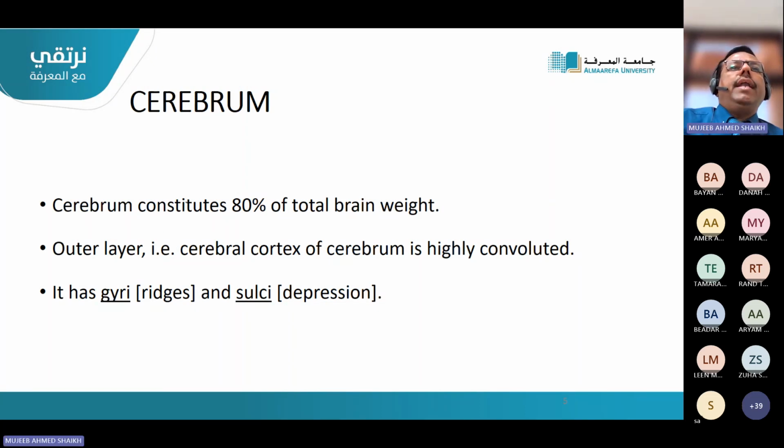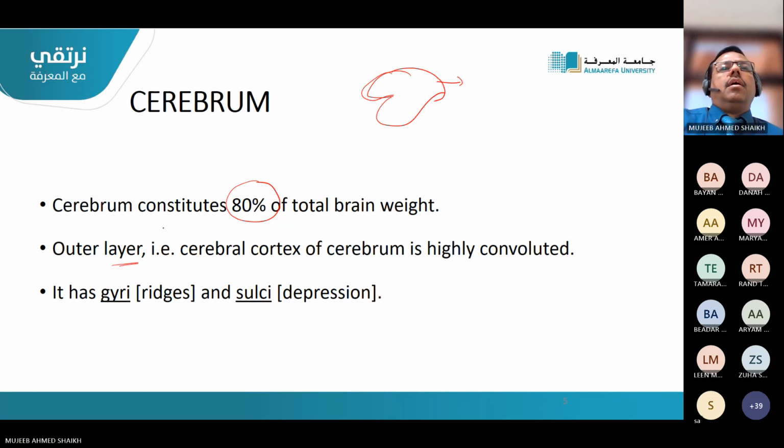Cerebrum consists of 80% of the brain weight. The outer layer, that is the cerebral cortex of the brain, is highly convoluted. Convoluted means folded.